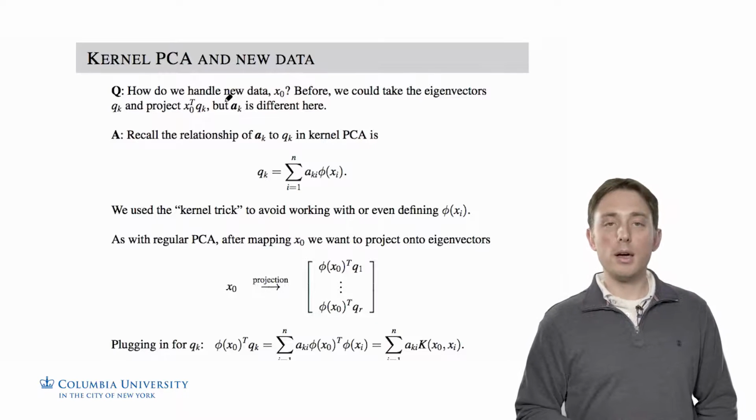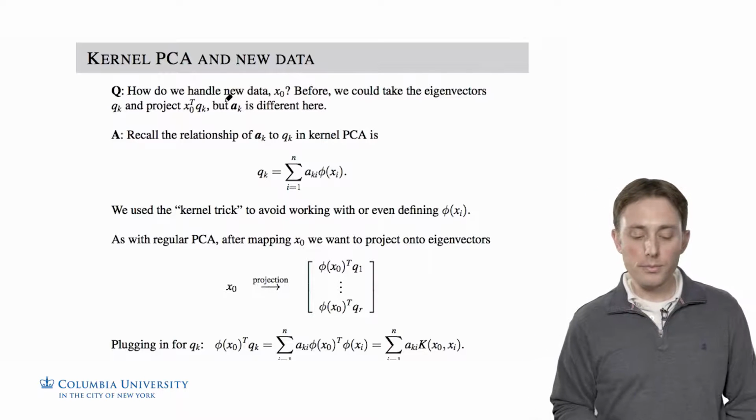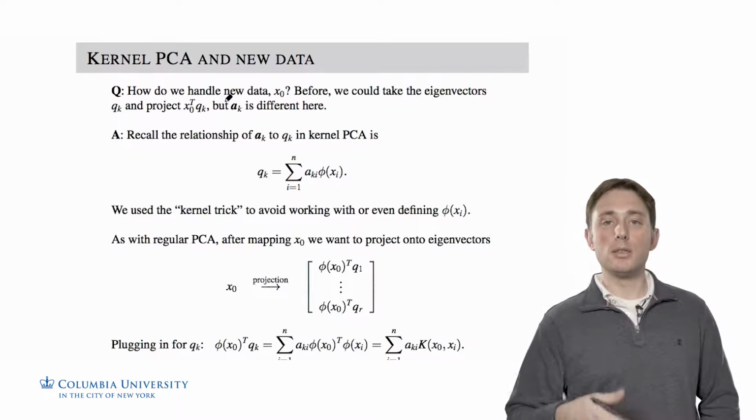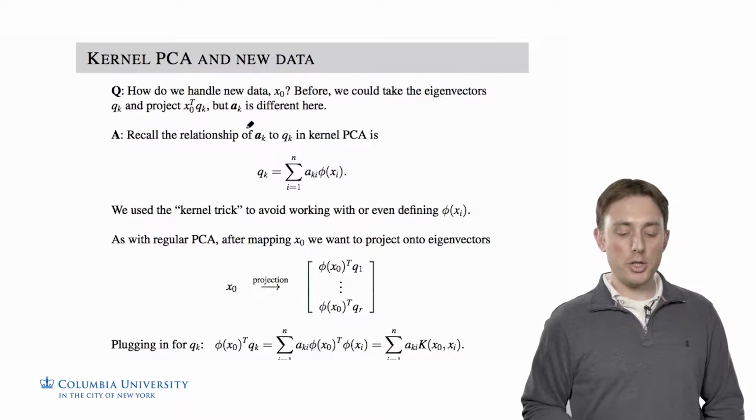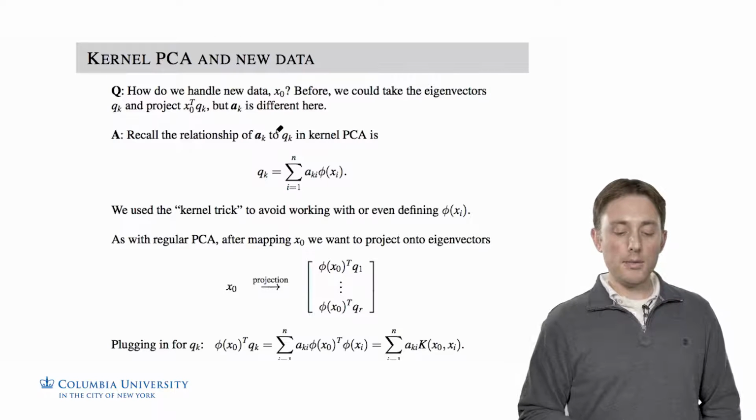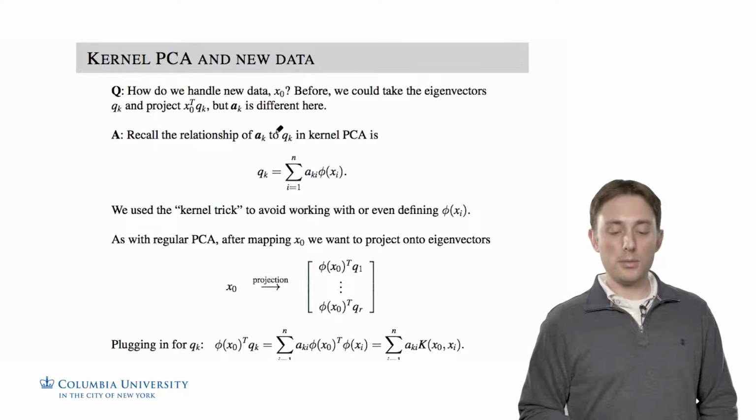But now alpha ak is different here. So how do we project data in this case? First, let's recall the relationship of the vector ak with the eigenvector qk in kernel PCA.